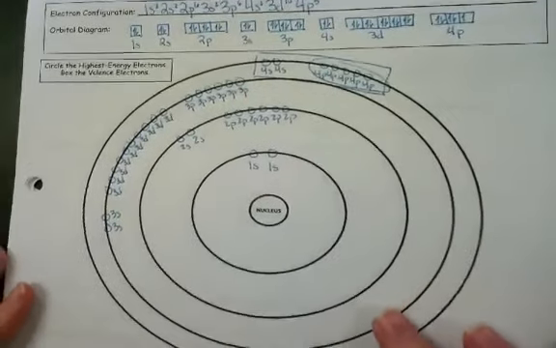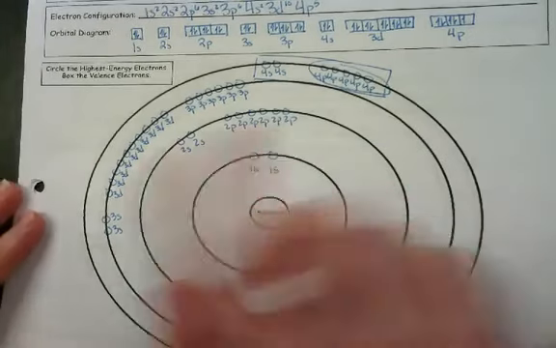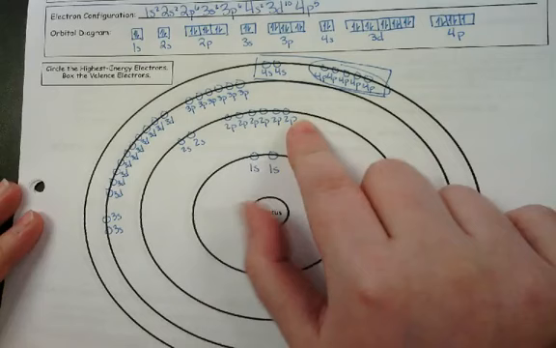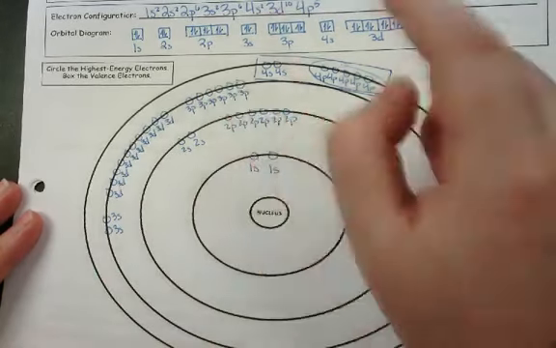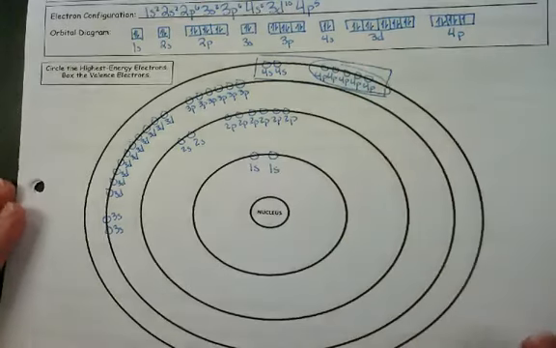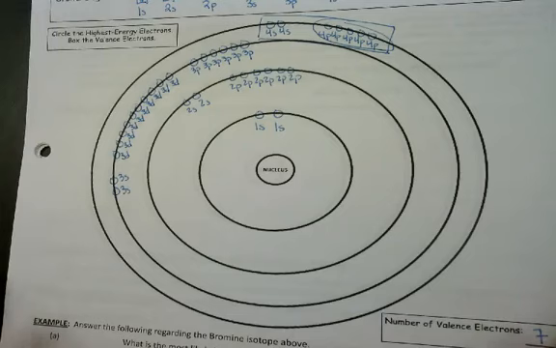Okay, so whenever you fill in your Bohr diagram, you should have 2 electrons on your first energy level, 8 on your second, 18 on your third, and then 7 on the fourth. Now, I heard a lot of people saying, I thought that you could only have 8 electrons on an energy level.